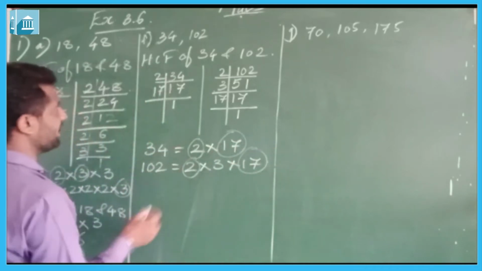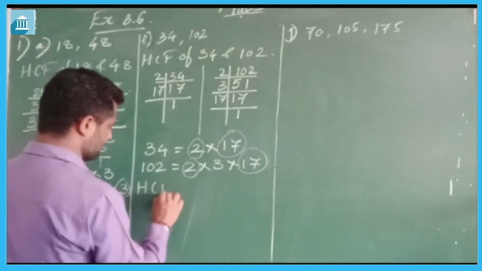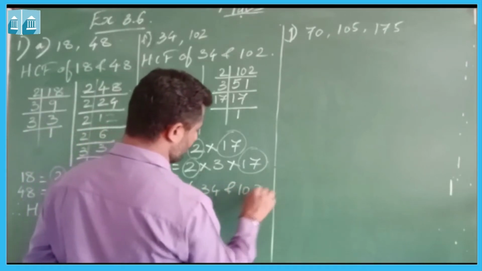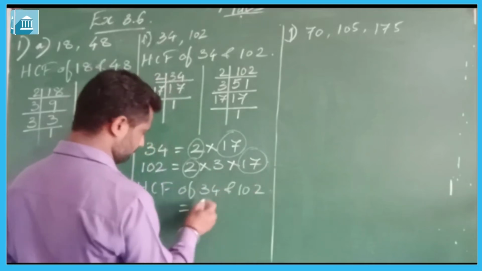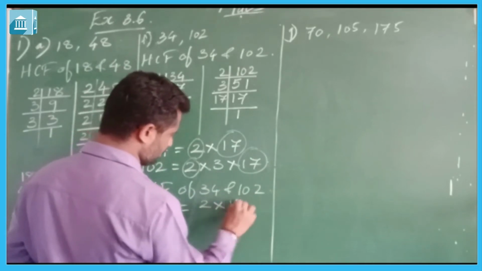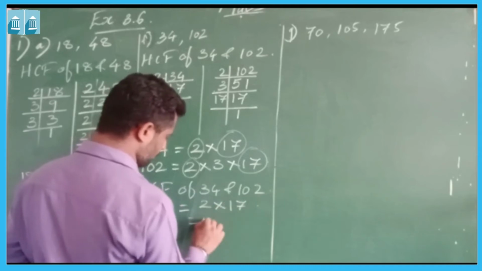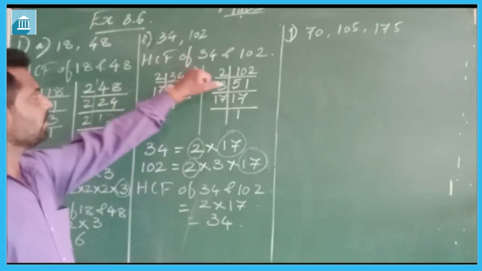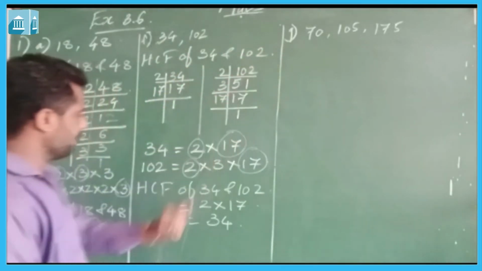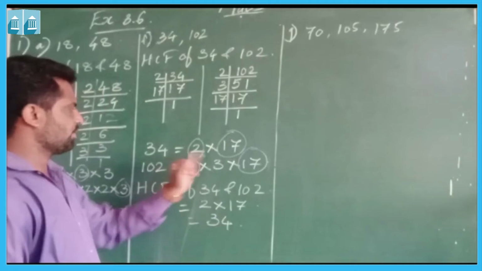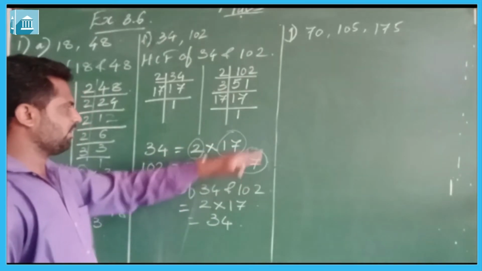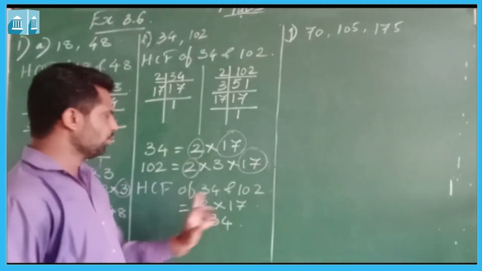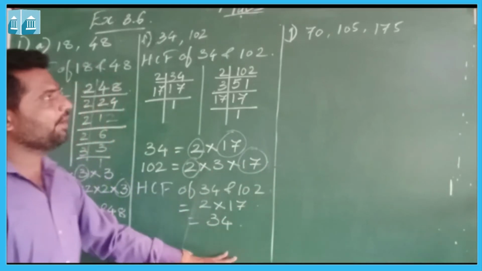So we can say that HCF of 34 and 102 is equal to 2 into 17, which is equal to 34. Here the HCF of 34 and 102 is 34. First we had found the prime factorization, we had factorized it. Then we had found the common factors of both, that is 2 into 17, that is 34.